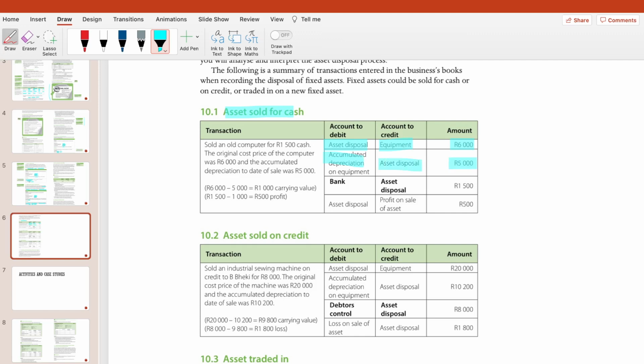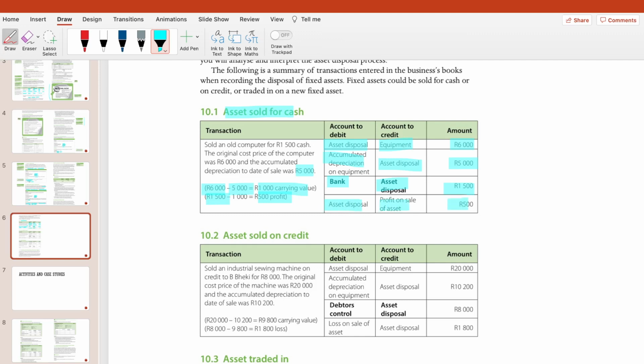We will then debit our bank, and credit our asset disposal account with the 1,500 Rand that we got for the computer. We take the 6,000 minus the 5,000, the original value minus the depreciation, and the carrying value is then 1,000 Rand. We sold it for 1,500, so we made a profit of 500. The asset disposal account is debited, and we credit the profit on sale of asset account with 500.